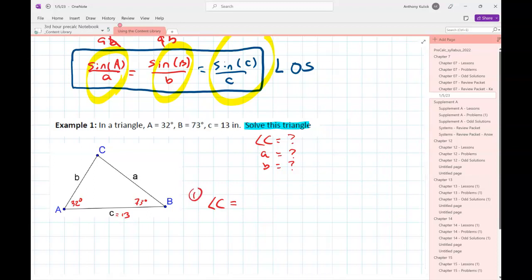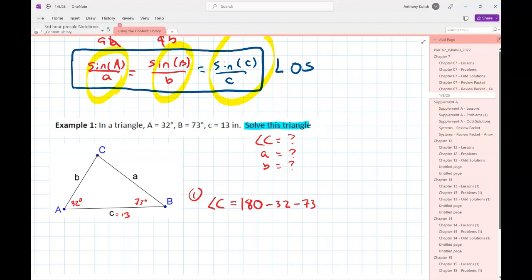How can I find angle C? I don't need to use any trigonometry to do this. This is just geometry to find angle C. Caden? And the angles. Yeah, great. I know that the sum of the interior angles for a triangle is 180 degrees. Very good.